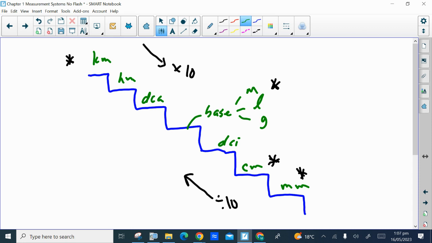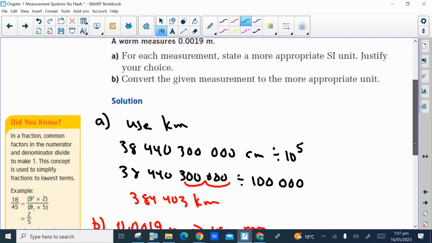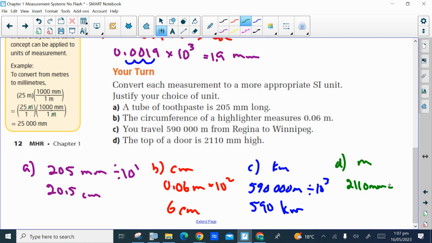You're going to divide by 10 3 times, or divide by 10 cubed, which means the decimal is going to move 3 spots to the left. That'll give us 2.11 meters.